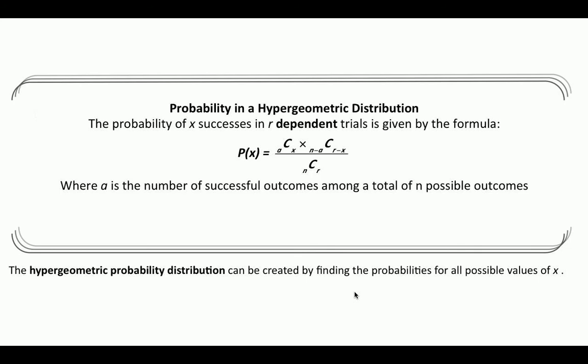If it's a 5-card hand, then we know that the denominator is the no restrictions value, 52 choose 5. So if we've already got a pile of 4 queens off to the side and we're choosing 2 of them, and we know that our no restrictions is 52 choose 5, that's N choose R, then the rest of the pile that's not queens is 48, so that's your N minus A, and the rest of the hand that's not queens is 5 minus 2, which is 3.